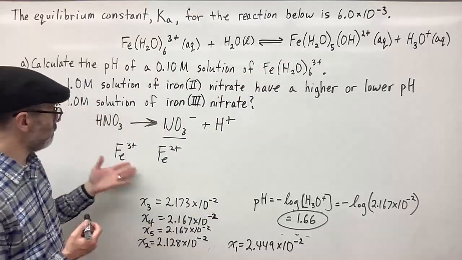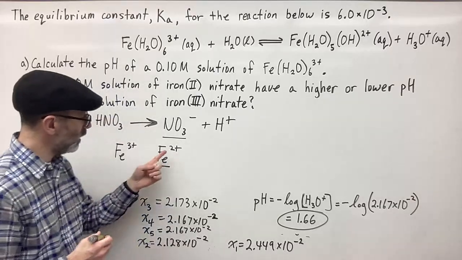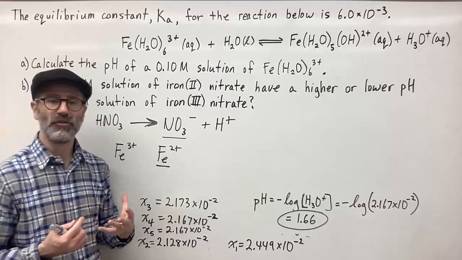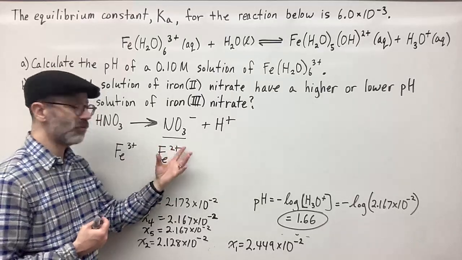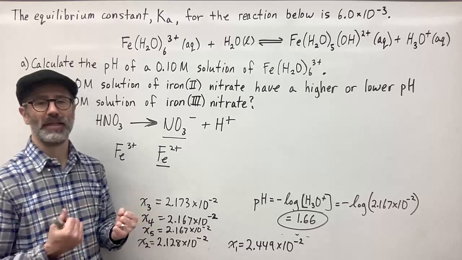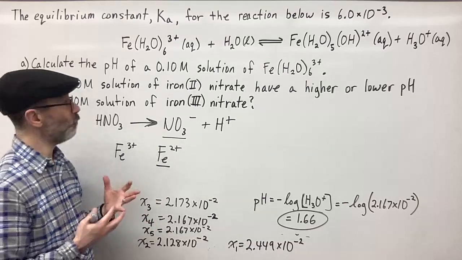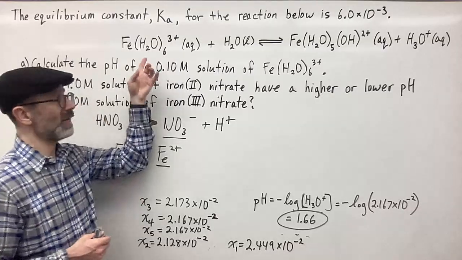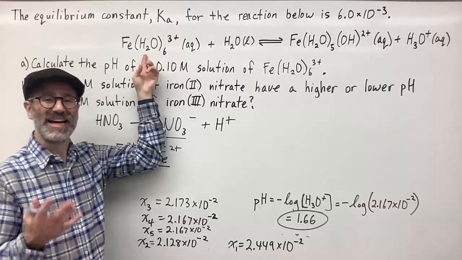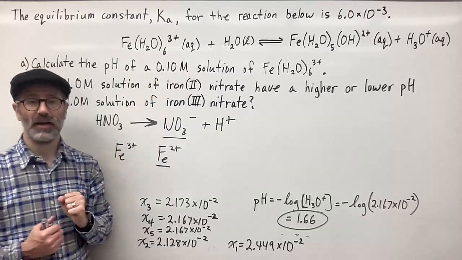Now, if we compare that with iron 2 ion, well, the charge on the iron 2 ion is not as great. So therefore, this charge here is not going to have as strong of a pull on the electron density from the water molecules, therefore not weakening the bond between the oxygen and the hydrogen as much as the iron 3 plus ion would.